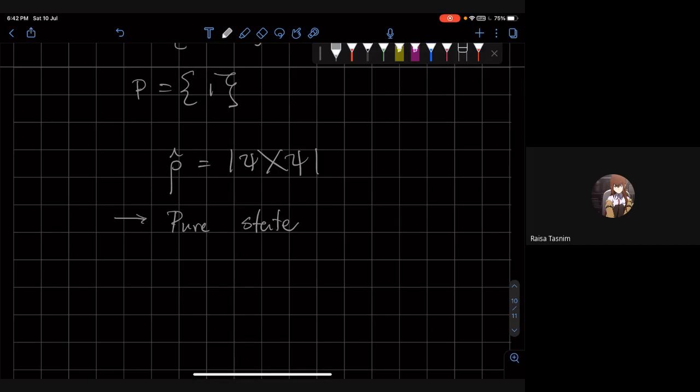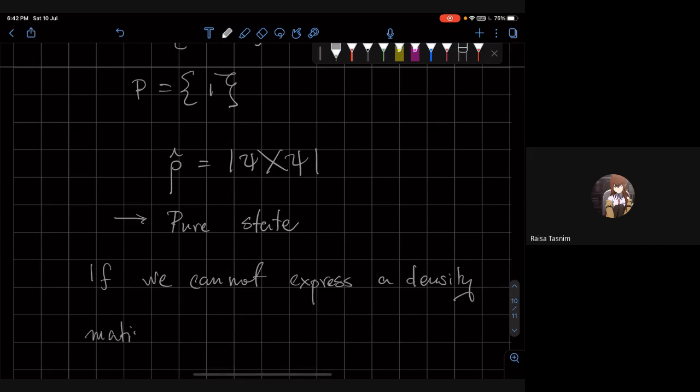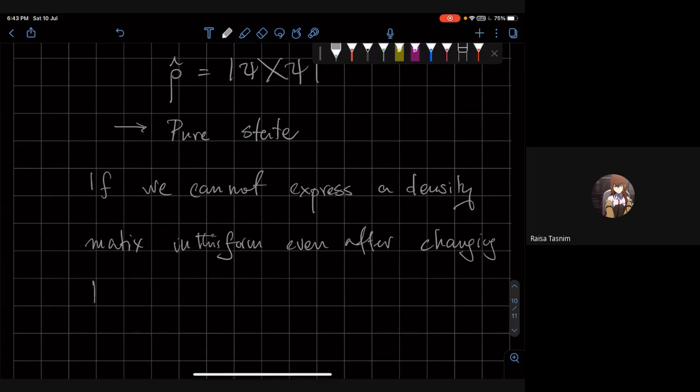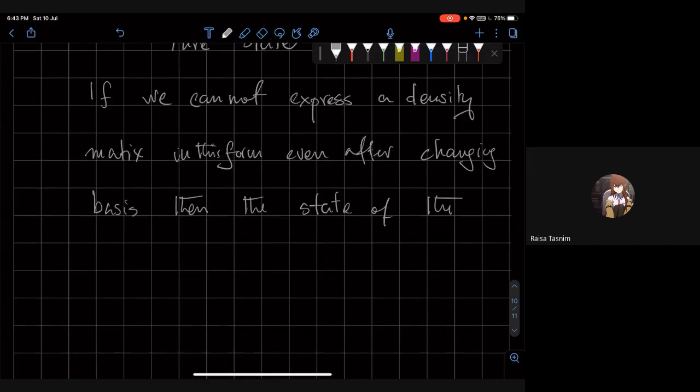If we cannot express a density matrix in this form, even after changing bases, then the state of the system is mixed.